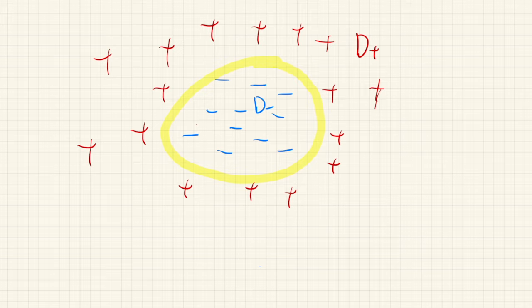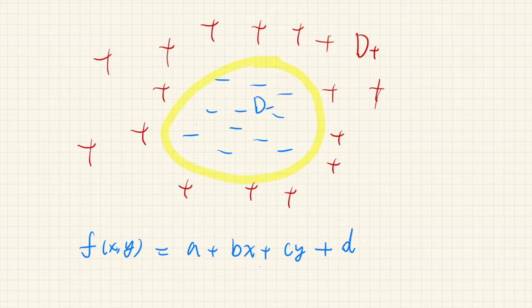And of course, this cannot be expressed as a linear function, and we need some nonlinear function, such as f of x, y equals a plus bx plus cy plus dx squared plus ey squared.